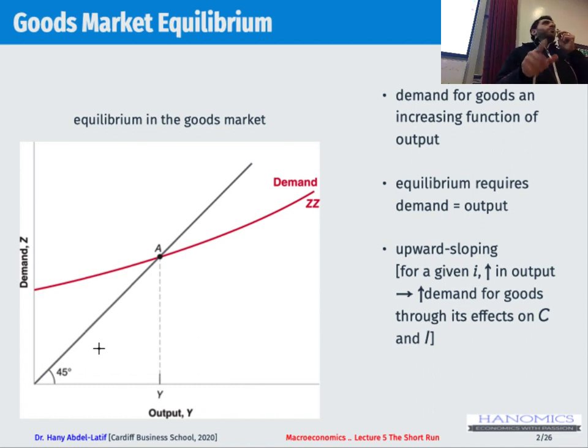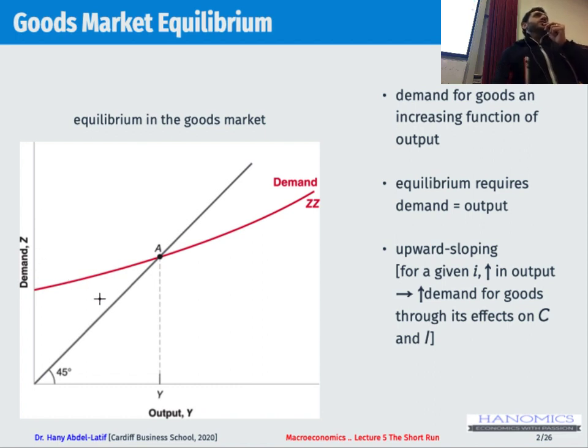I explained before the meaning of the 45-degree line, but I will say it again. A 45-degree line gives you the points where whatever you measure here is equal to whatever you measure here.